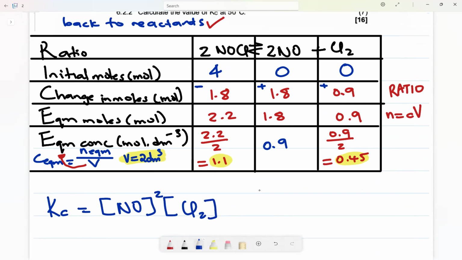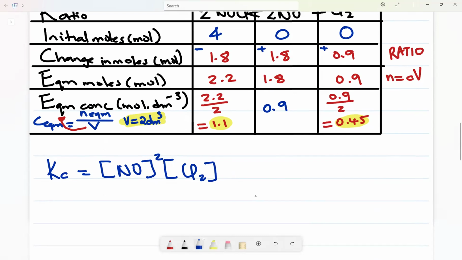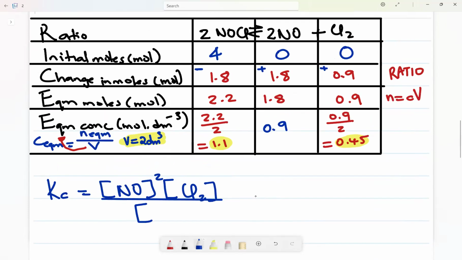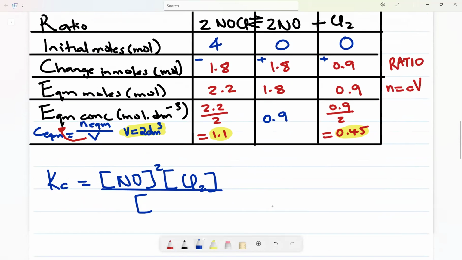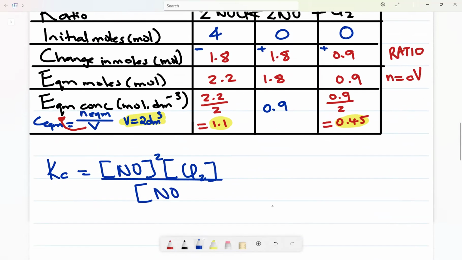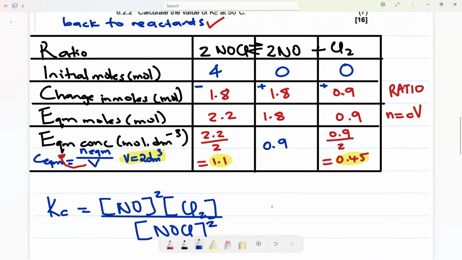I only put an exponent if I have a coefficient in front of a molecule. Divide now by my reactants. My reactants are NOCl, but now the concentration, I have to square that. Why? Because there's the ratio of 2 thereof.